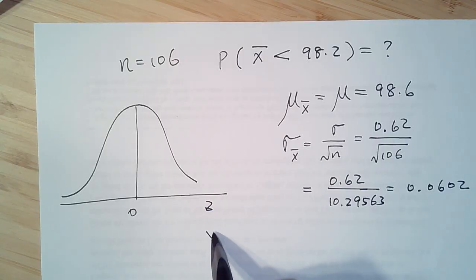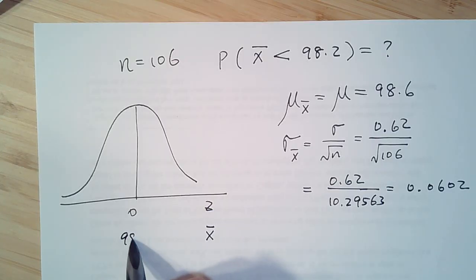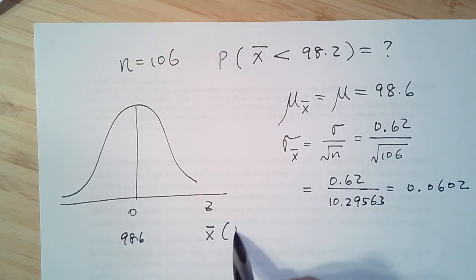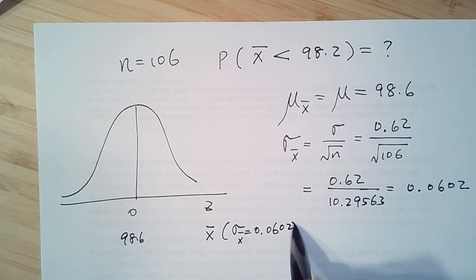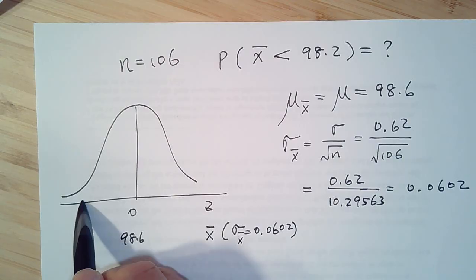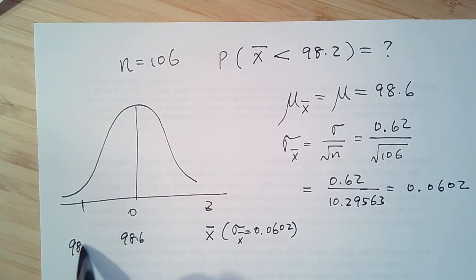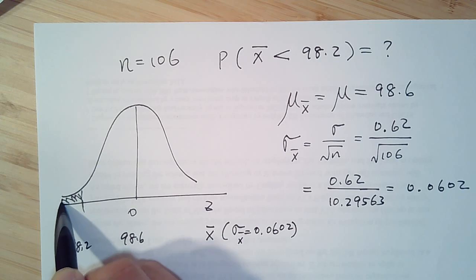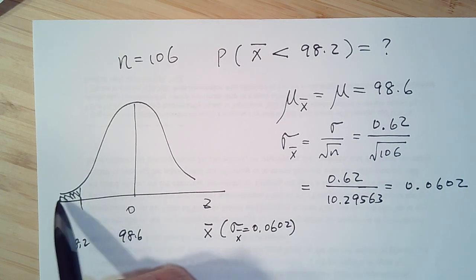All right, now I'm ready to draw the graph. 0 for z here, x bar, and the mu of x bar is 98.6, and the standard deviation of x bar is 0.0602. Where is 98.2? Here. And what is the chance that this x bar is less than that?